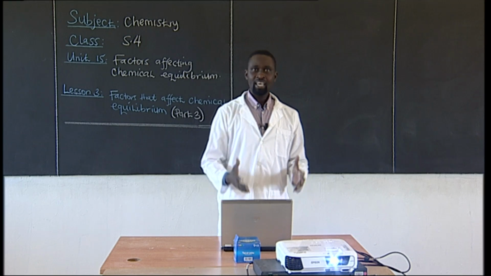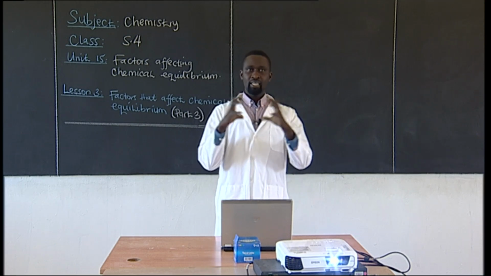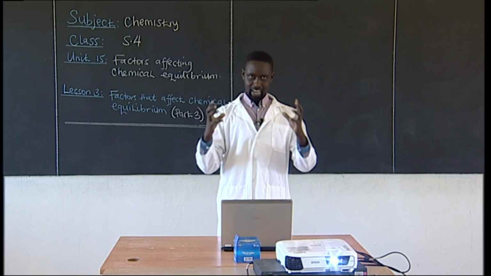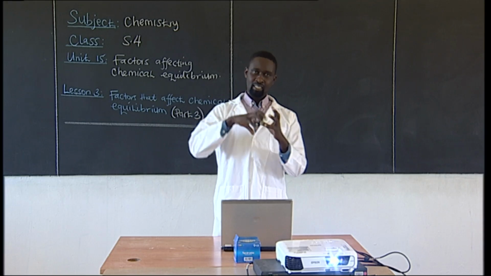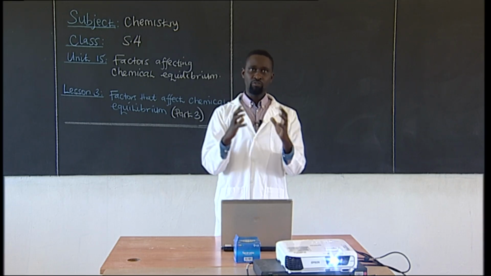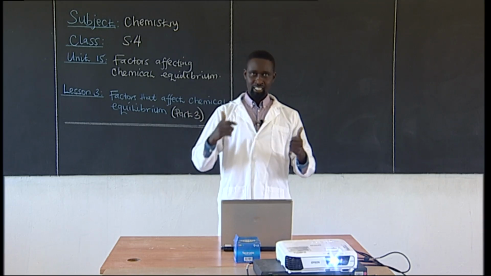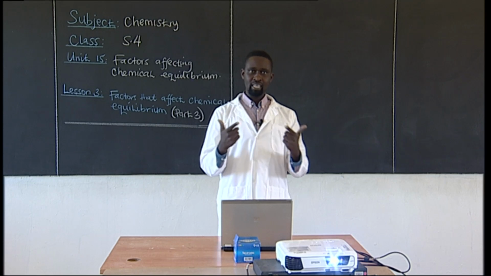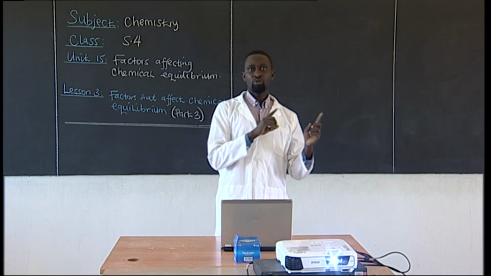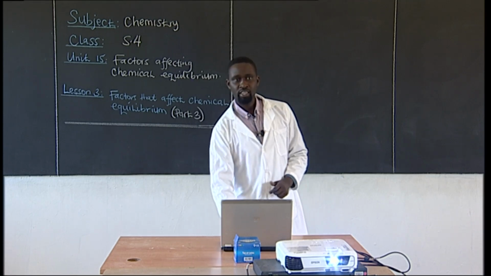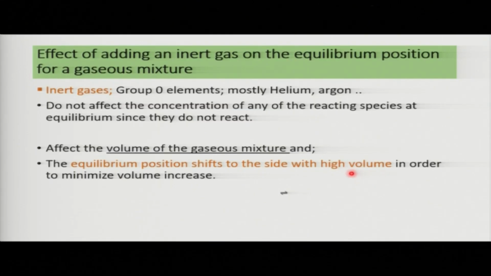What happens? They only affect the volume. Because they are gases, they will exert an effect on the volume. So the volume will increase. As it increases, to minimize that, the equilibrium moves to the side with higher volume, or the number of moles.